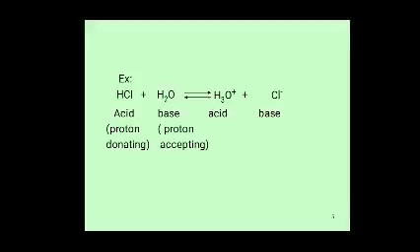The water molecule, a base, accepts a proton from HCl and forms H3O plus. This H3O plus acts as acid. This acid donates a proton to another substance and forms a base. A base accepts a proton from another substance and forms a compound that acts as acid.